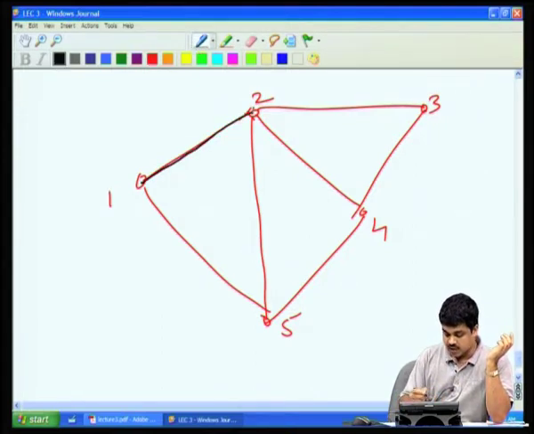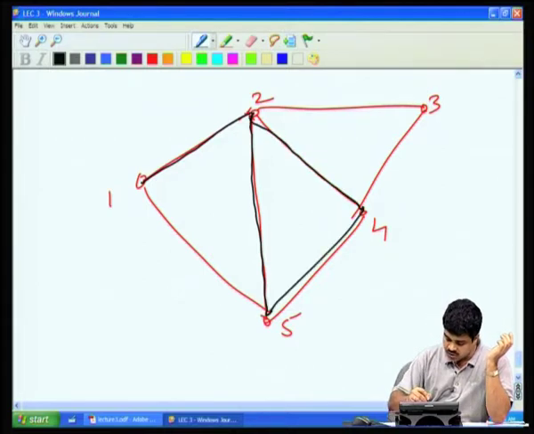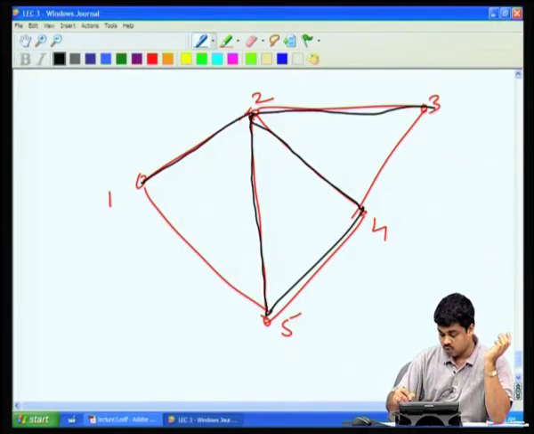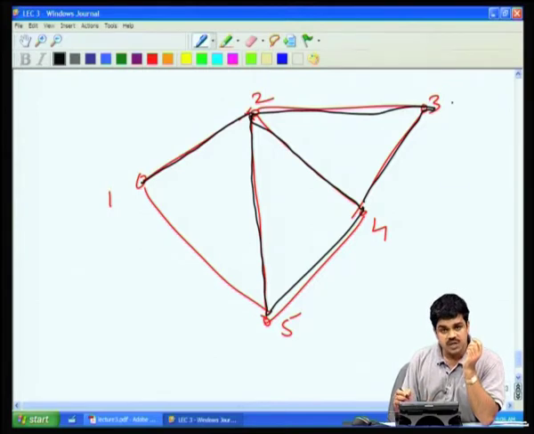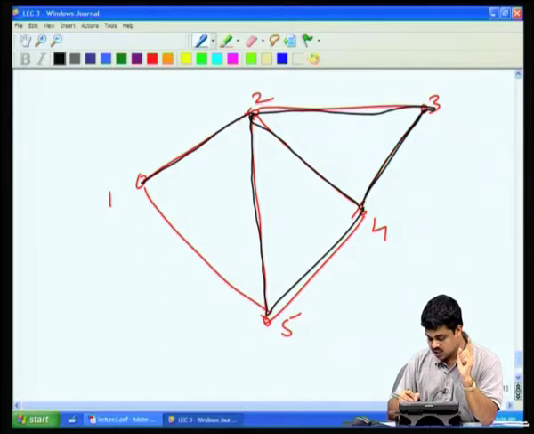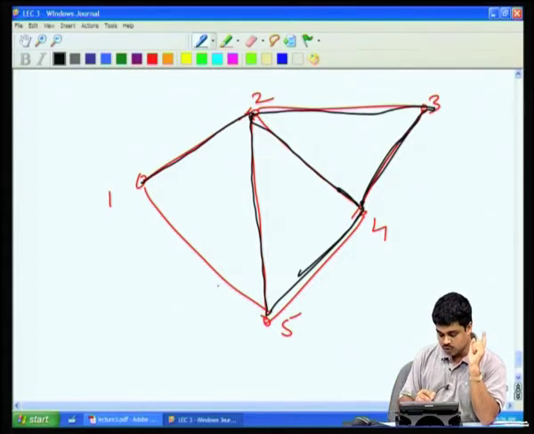We travel like this, we reach from this city to this city, and then we take another road, and then another road. Our intention is to somehow traverse each road, but exactly once. That means we have to go through each road once, but only once. We should not reuse a road. If you want to get out of the city, we have to use this road or this road, or go back. That is not allowed. So in this graph you can see that you cannot do that.